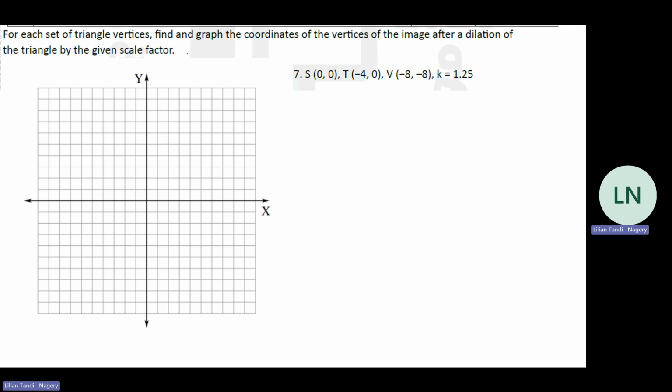You do the same thing here. I will not plot, you will plot. So, the scale factor is 1 and 25 hundredths.